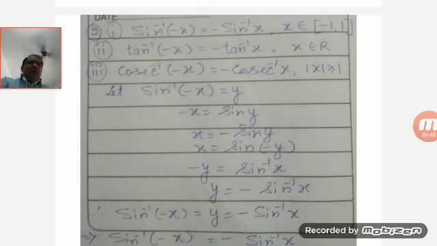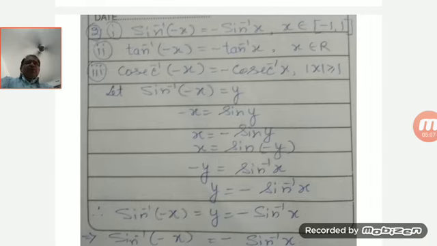Minus y is equal to sine inverse x, or y is equal to minus sine inverse x. Previously we took y equal to sine inverse of minus x. So minus sine inverse x is equal to sine inverse of minus x. In this way we have proved that sine inverse of minus x is equal to minus sine inverse x.